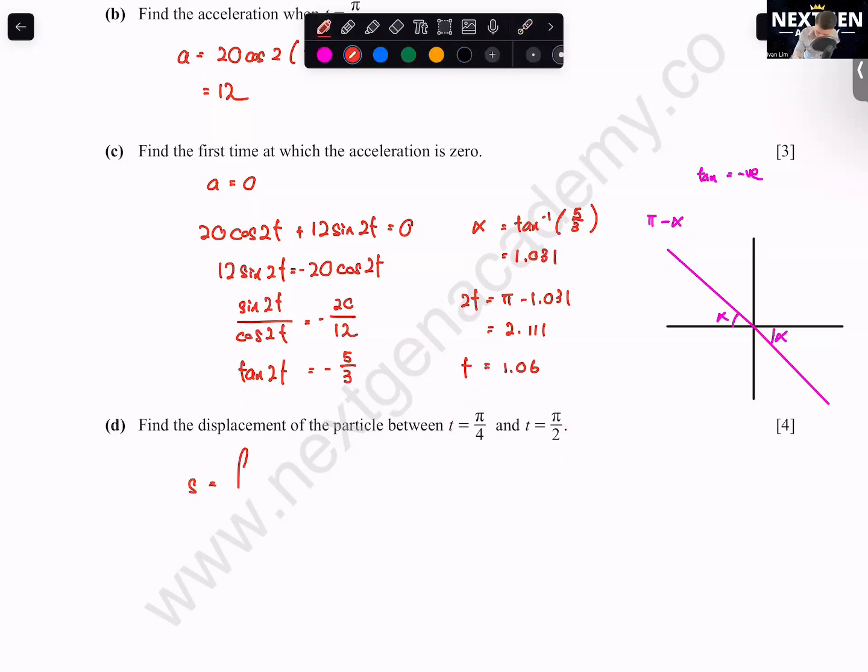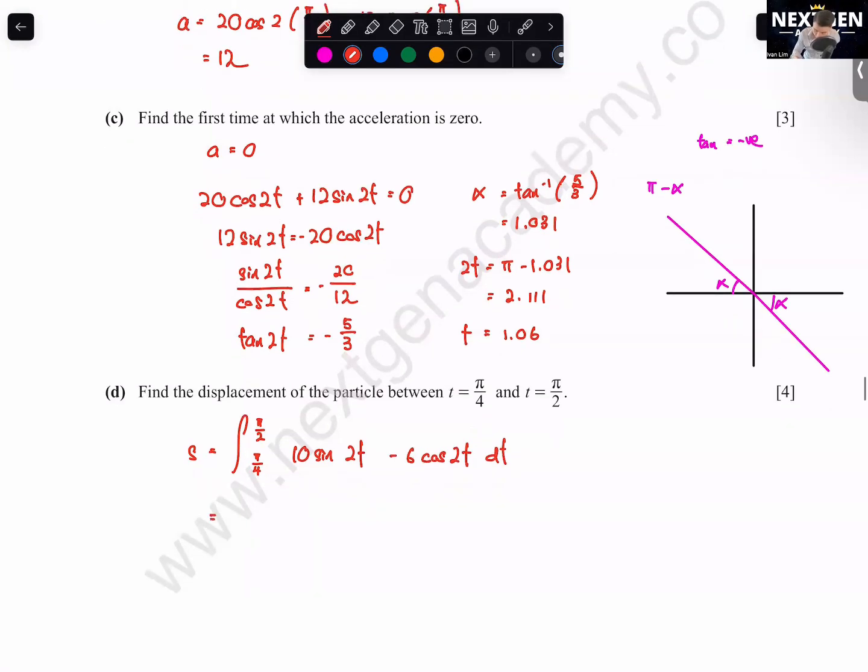So S, you integrate from pi over 4 to pi over 2, 10 sine 2t minus 6 cos 2t dt. This is my V, and I'm integrating my V. So when I integrate this, what will I get? Focus on the sine 2t first. Don't care about the 10 first if you cannot process it.